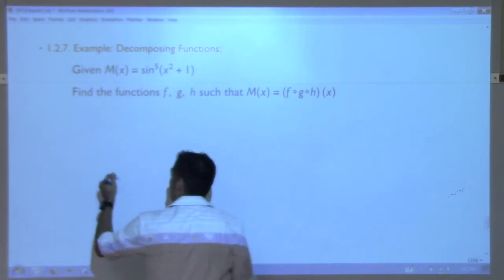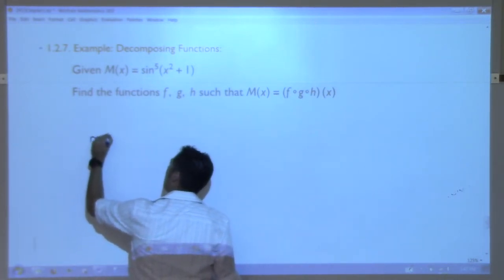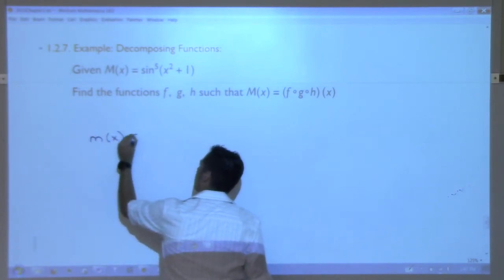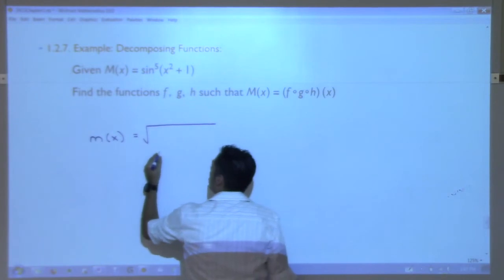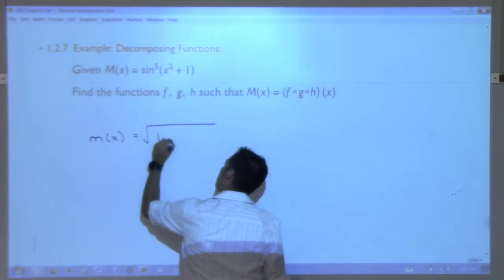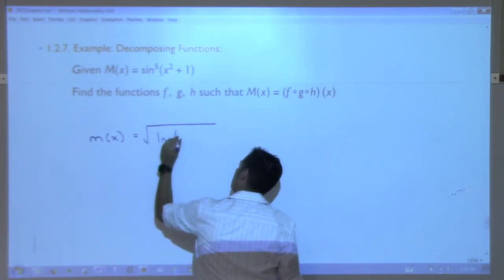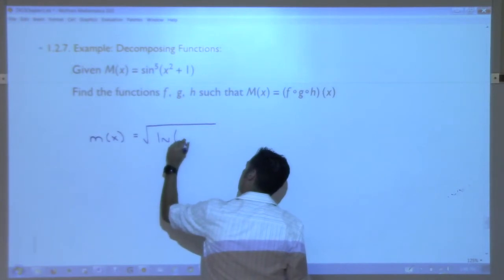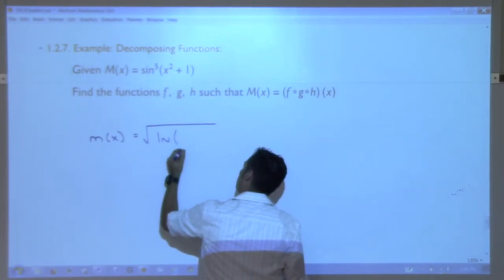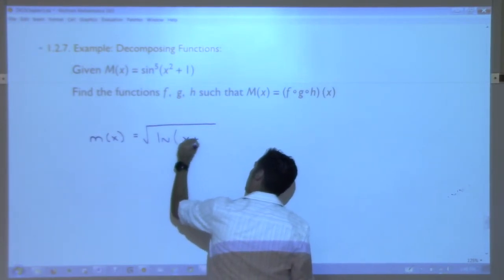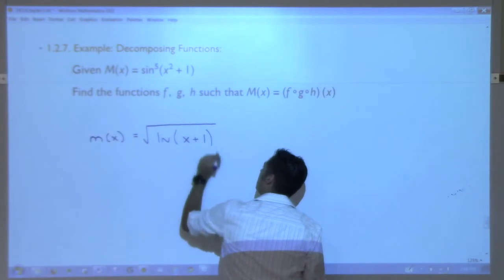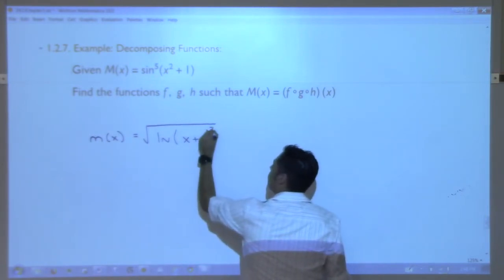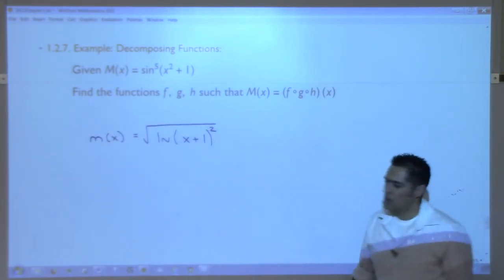How about this one? Capital M of x equals the square root of the natural log of x plus 1, squared. All right.